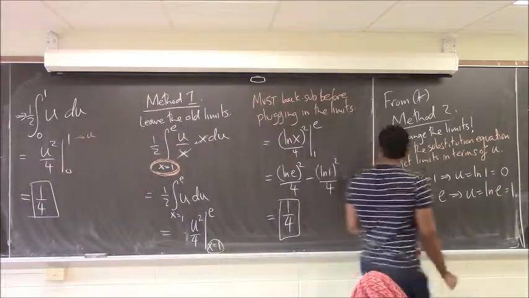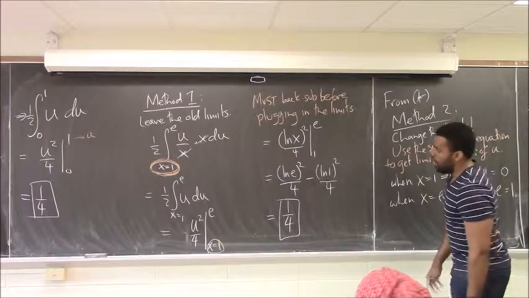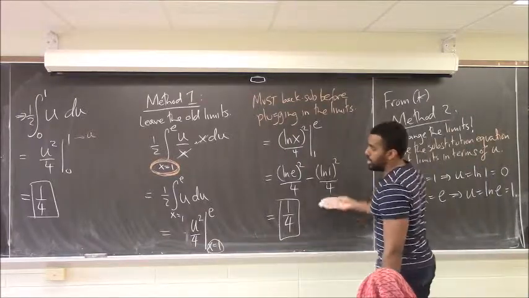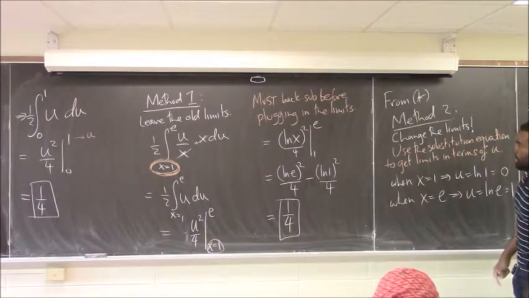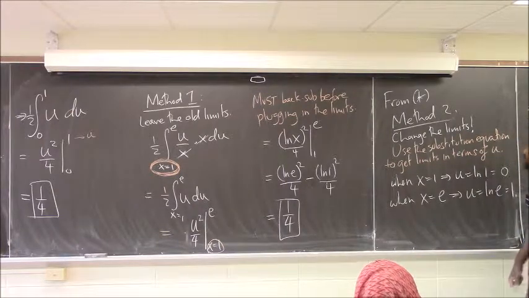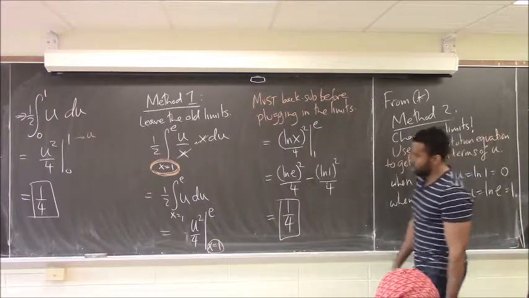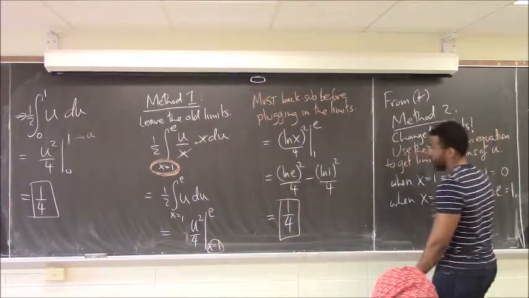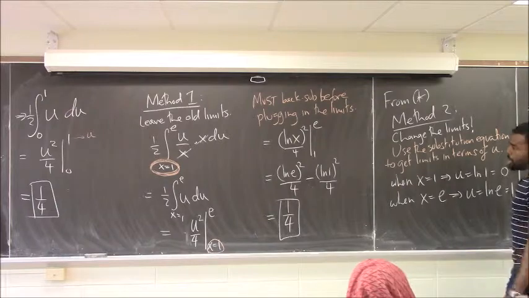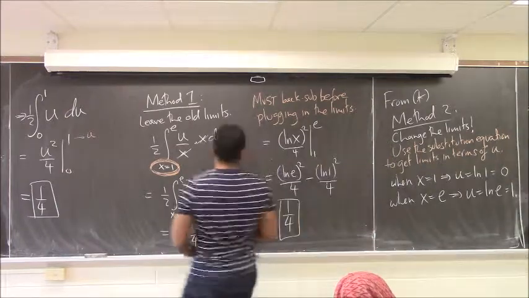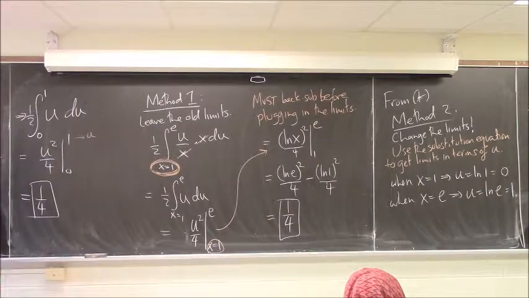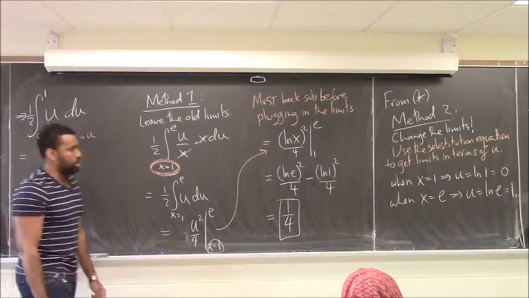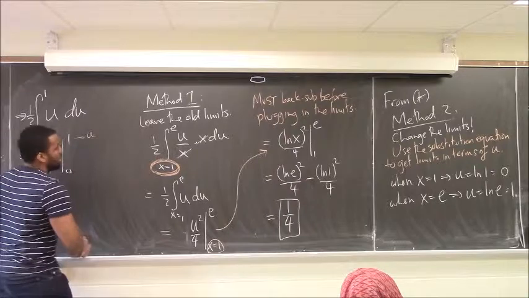Now, for the most part, this isn't too much trouble. It takes a few more seconds to write down, but in general, it's not terribly crazy. When you don't want to do method 1, as I mentioned before, is in a case like trig substitution, because this step here, back substitution, can be quite complicated for more sophisticated methods.